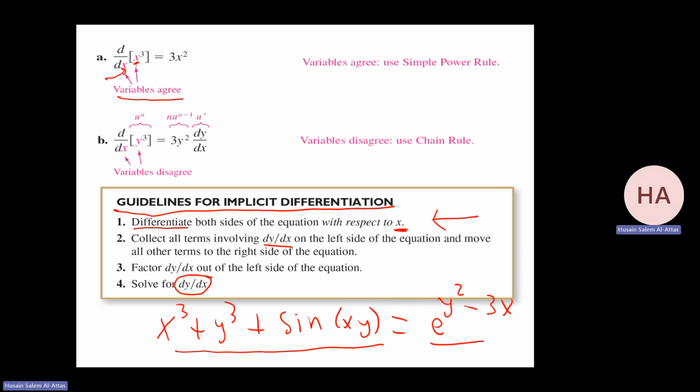However, if I want to differentiate y cubed with respect to x, sometimes we have a combination of functions of x and functions of y, and we need to deal with this.